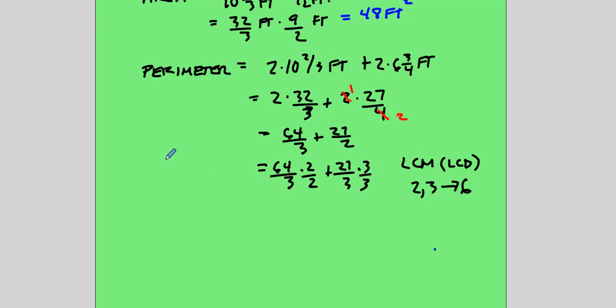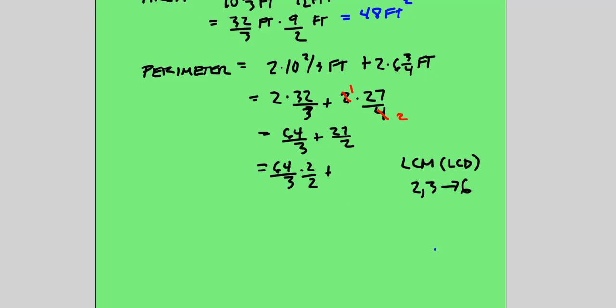Okay? So 64 times 2 is 128. That's 128 over 6. 27 times 3 is 81. And I should be multiplying this one by, that's right, this is a 2 here, so I'm okay. So that's 27 over 2. So I'm misreading my writing here. Let's get back and do this again.